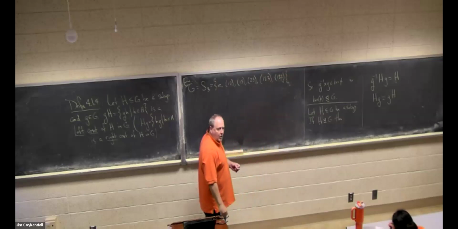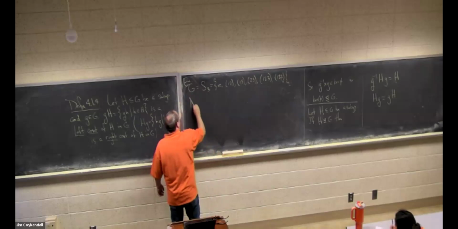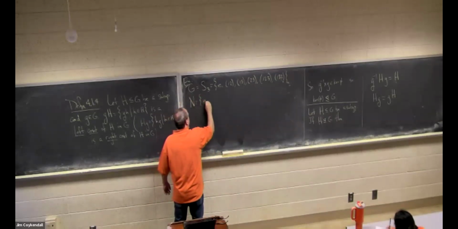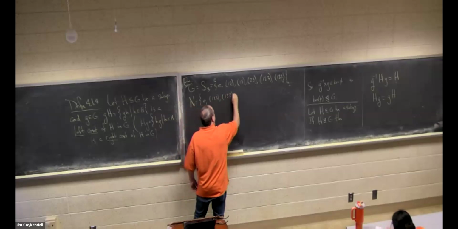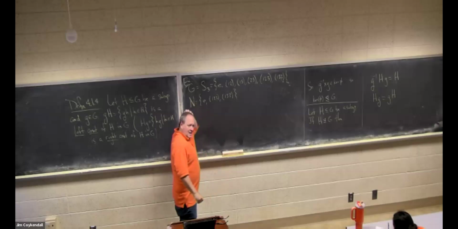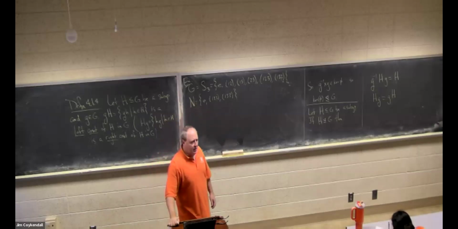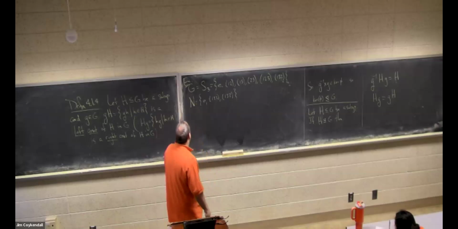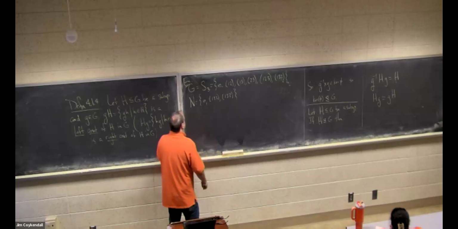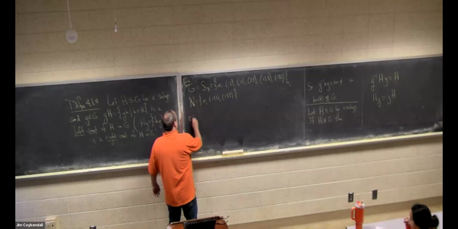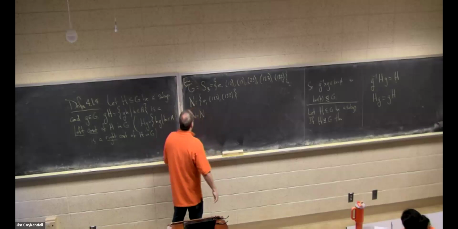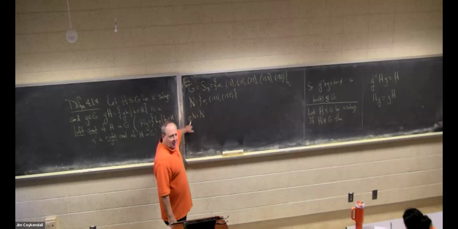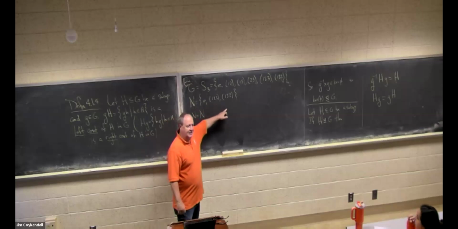I'm going to start off with N, which we did last time. Let's look at the left cosets. One thing I could do is multiply everything on the left by e, couldn't I?